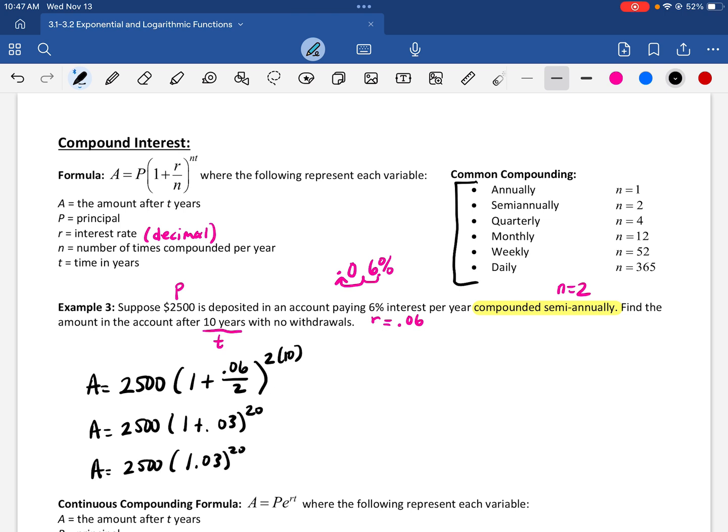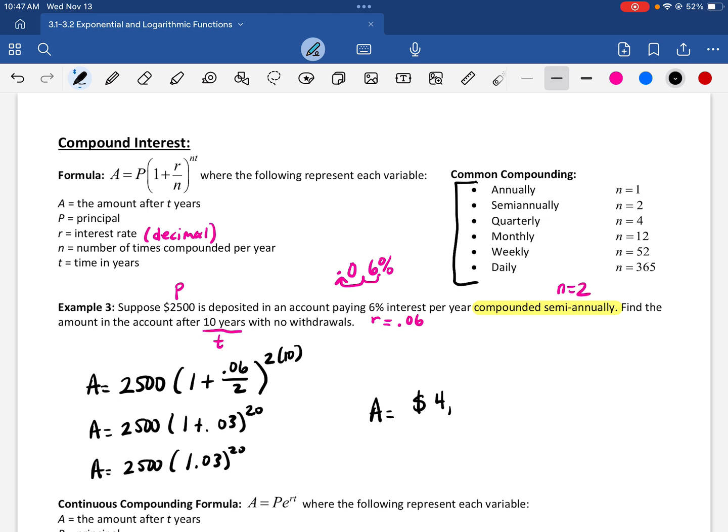And then this would be a point where I feel like you should be able to type this into your calculator, exactly like you see it there, with the 2,500 parentheses 1.03, and then raise it to the 20th power. And since we're talking about money, I'm going to put my $ sign, and I'm going to round it to 2 decimals.